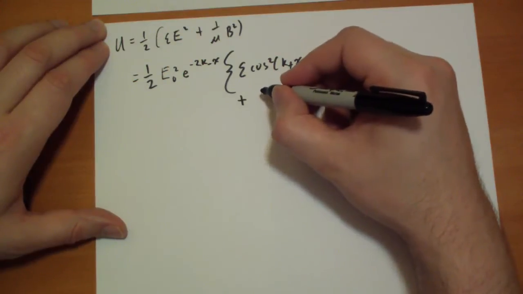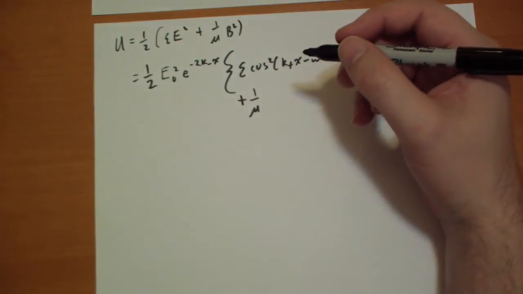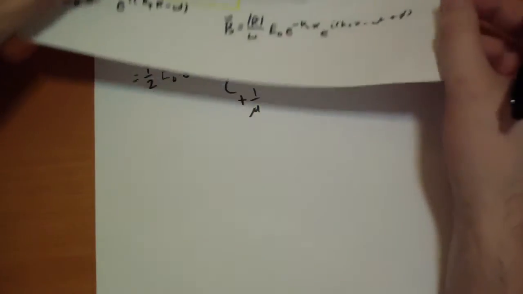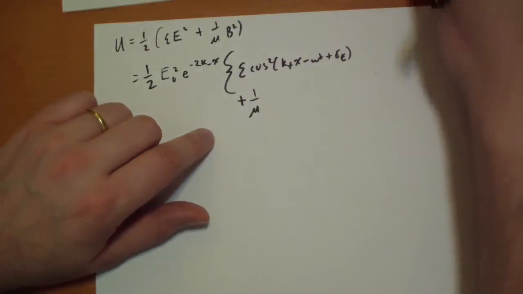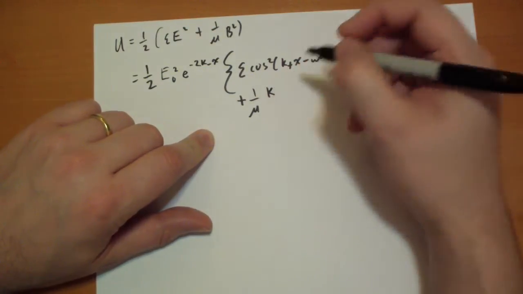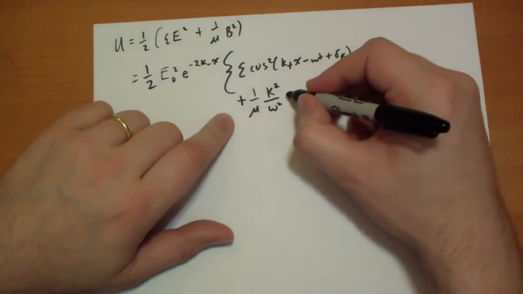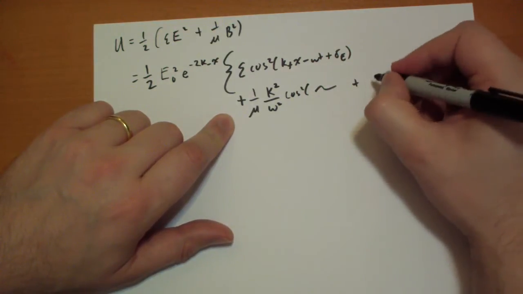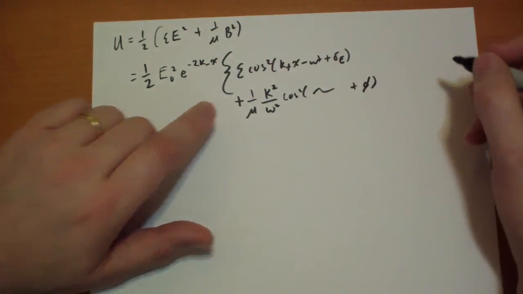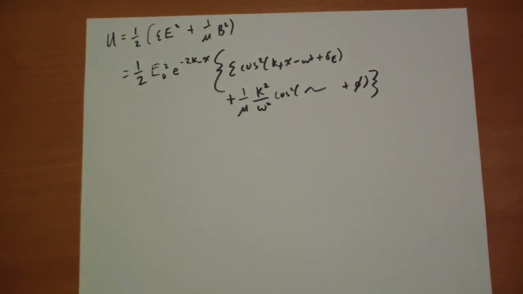plus 1 over μ. The μ isn't squared. And then the B field has this constant that it multiplies by, so that's going to be κ² divided by ω², and there's going to be cosine squared of the same stuff plus some phase shift. It's based on the complex k that we calculated.